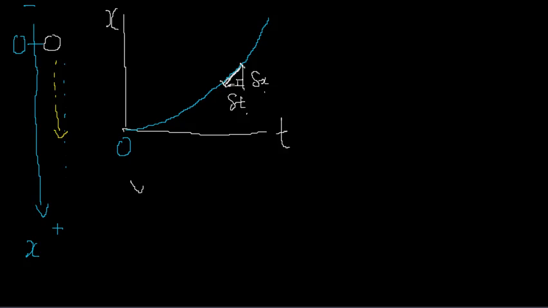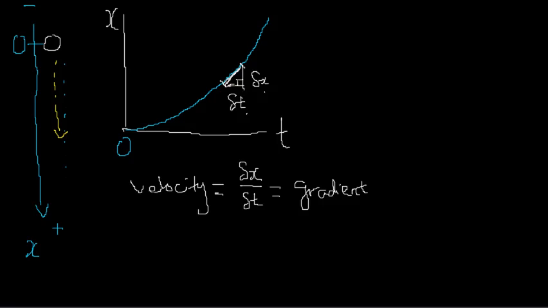The velocity is given by the small distance moved in a short time, delta t. And it so happens that these are the vertical and horizontal, so this is also the gradient. Alright, and as the speed increases, the gradient gets steeper and steeper, as we can see.